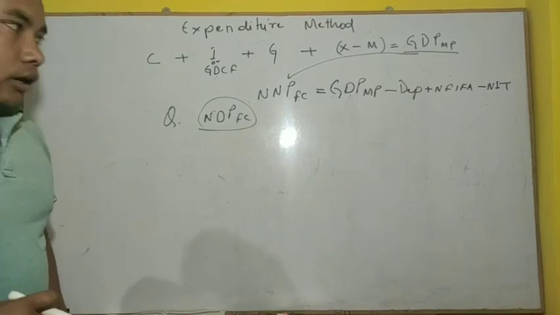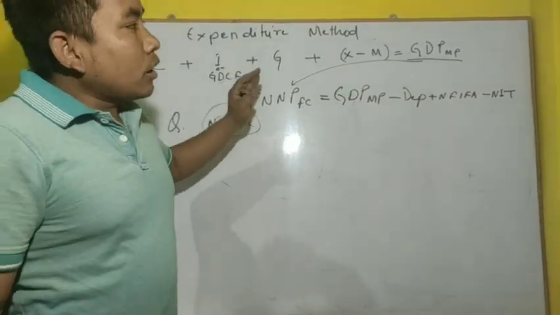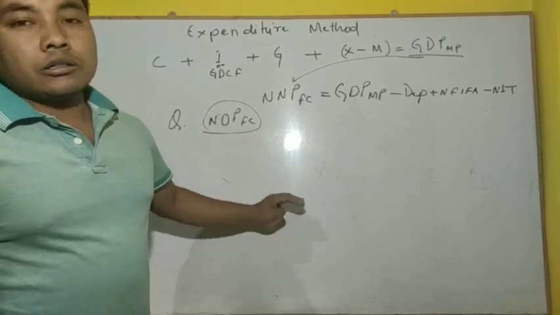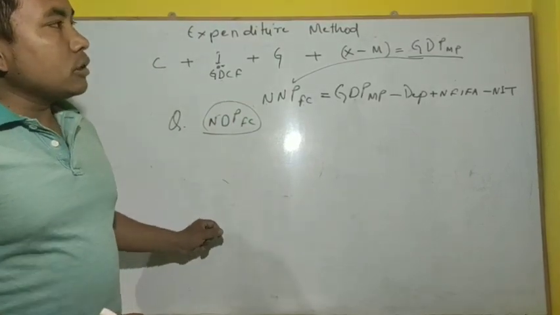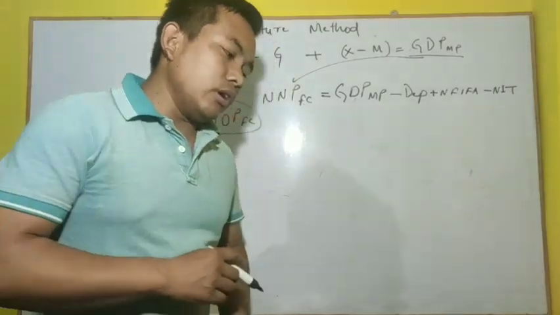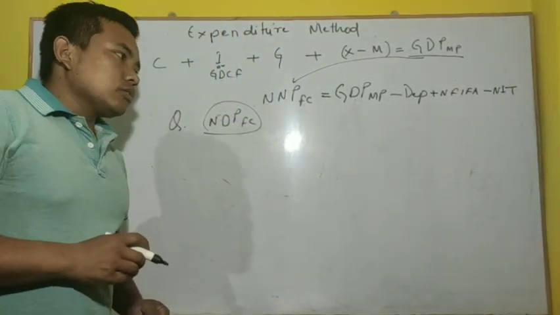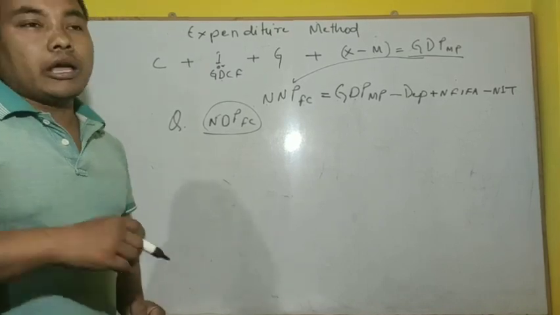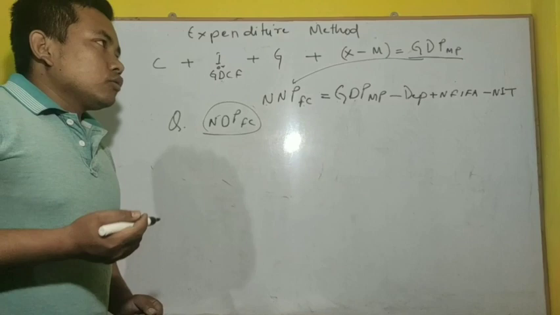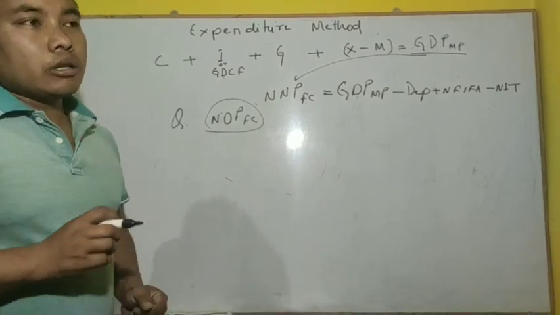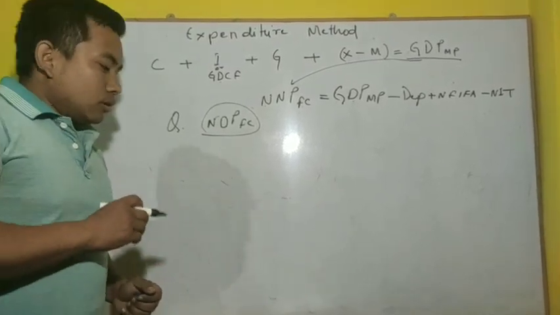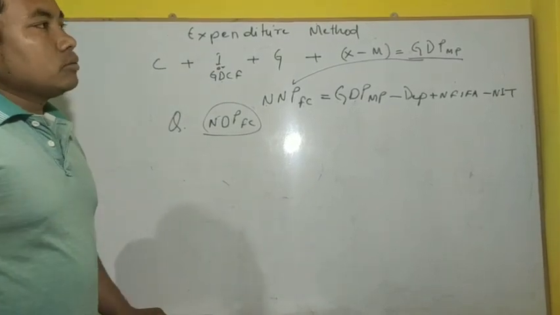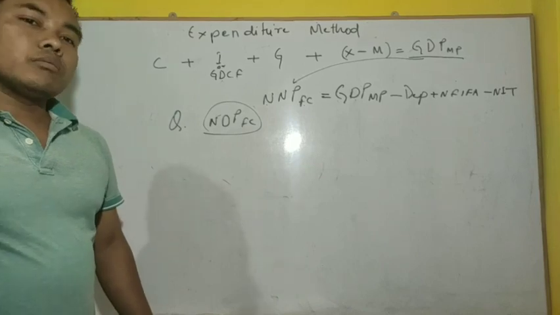Anyway, this kind of conversion and calculation and the tricky parts asked in the board examination will be covered in another video. If you are interested in any video and if you have any problem in class 12 economics, please comment on my YouTube channel, or you can suggest any topic or chapter that you want. To cover a whole chapter in one single class is a little bit lengthy, so I will try to complete one small topic in one video.